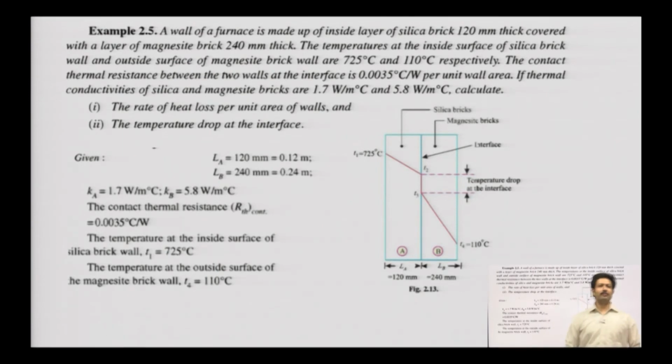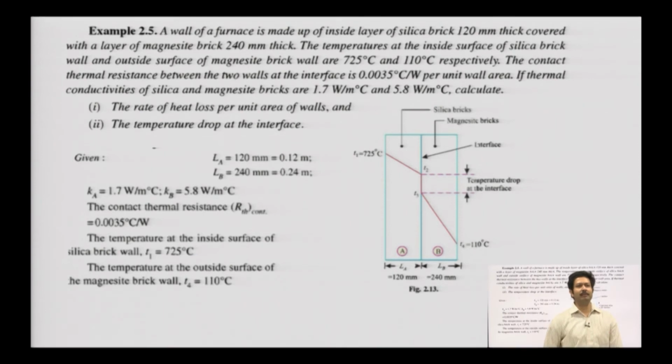Now let's talk about the next numerical. A wall of furnace is made up of inside layer of silica brick 120 mm thick covered with a layer of magnesite brick 240 mm thick. The temperature of the inside surface of the silica brick wall and outside surface of the magnesite brick wall are 725 degrees Celsius and 110 degrees Celsius respectively.